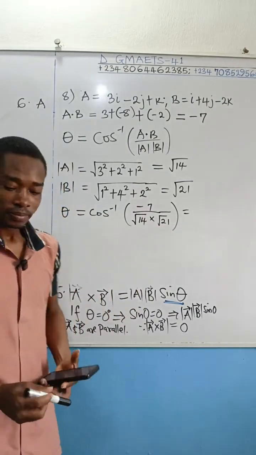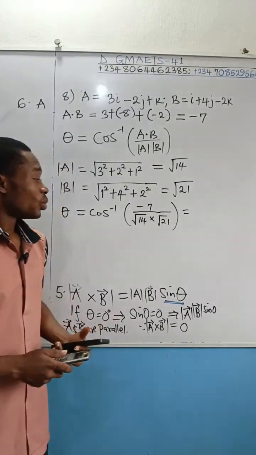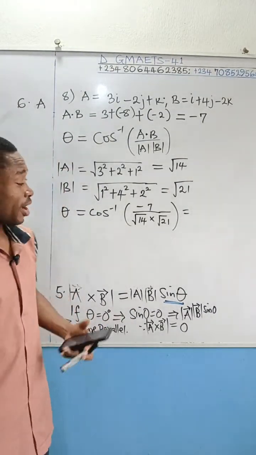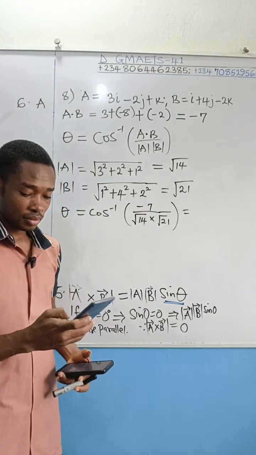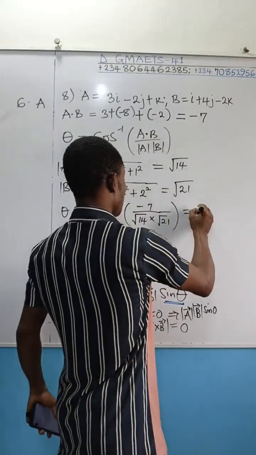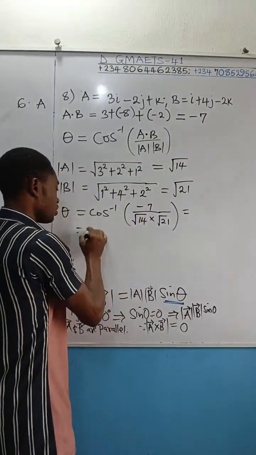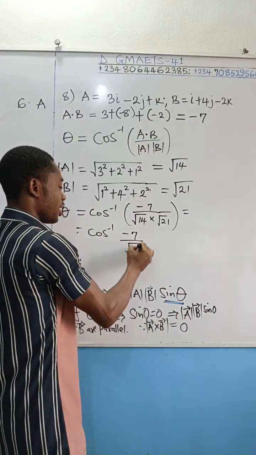So you have to reach for your calculator and work this out. If I multiply 14 by 21, this gives us 294. So this can be written as cos inverse of minus 7 all over square root of 294.